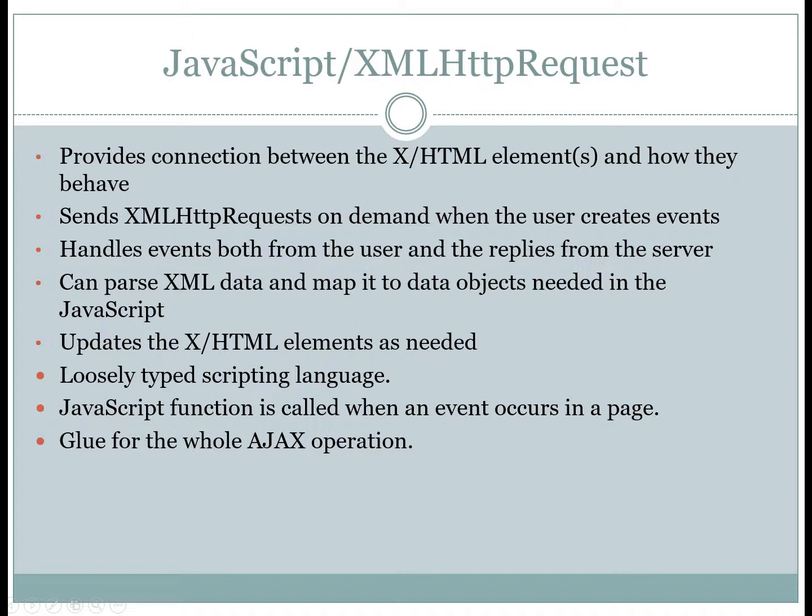The next element is JavaScript and XMLHttpRequest. This provides the connection between the XHTML elements and how they behave. It sends XMLHttpRequests on demand when the user creates events. It handles the events, both from the user and the replies from the server, and can parse XML data and map it to data objects needed in the JavaScript.